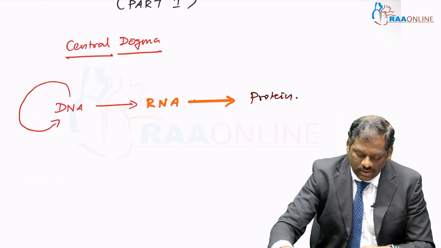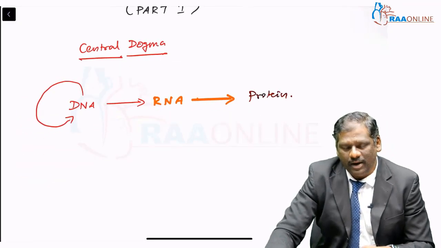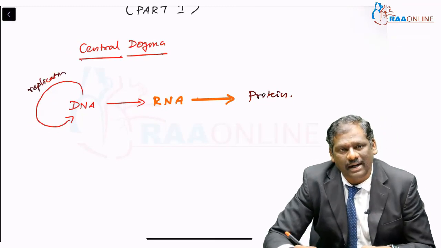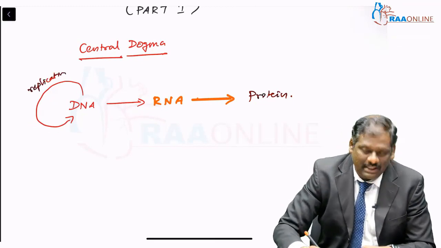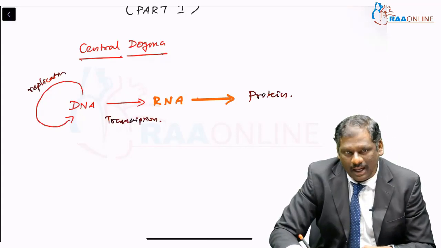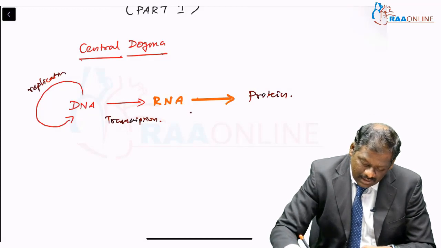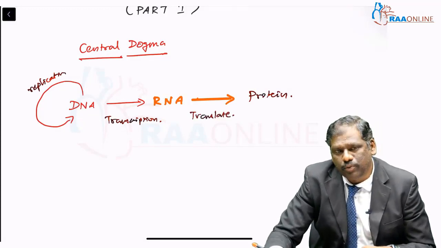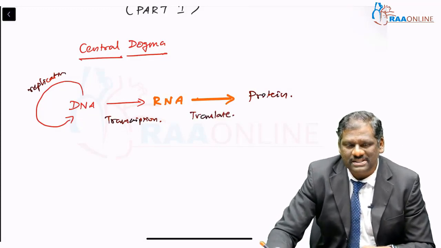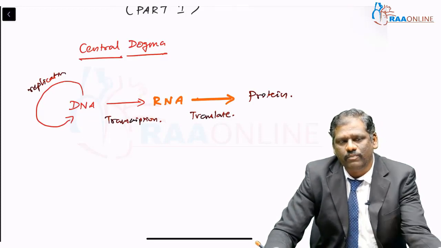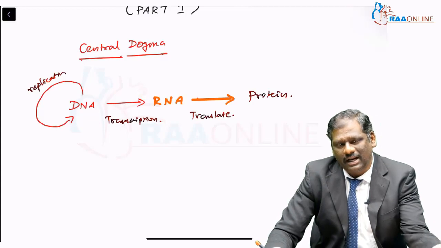So you all know the central dogma of molecular biology, in which DNA on replication will form another DNA, DNA on transcription will form RNA, and this RNA can then be translated to form a protein. This is just a change in format. Say you have a book in the classic written format.